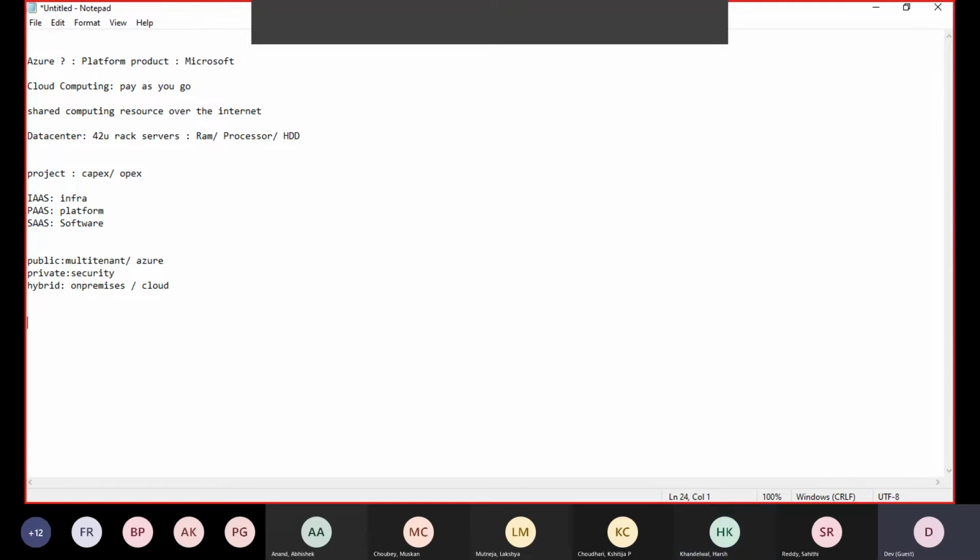Let me help you. When you talk about Azure, AWS, or GCP, in any of them, they all are nothing but data centers in the background, right? So whatever service you're taking up, they are actually running a data center.